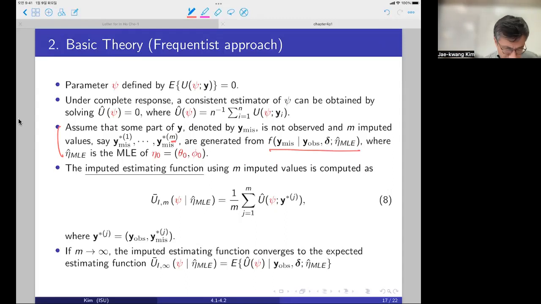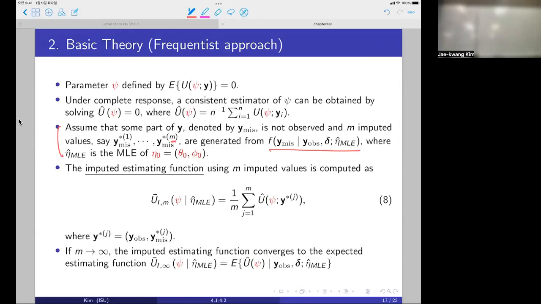And then use that to construct the imputed estimating function. So the imputed estimating function is based on M imputed values. I plug in the imputed values and take the average.